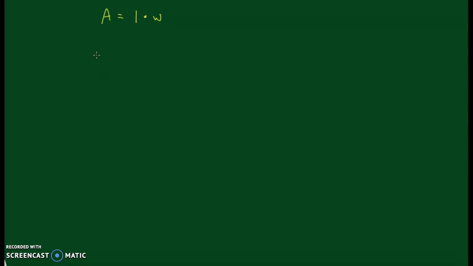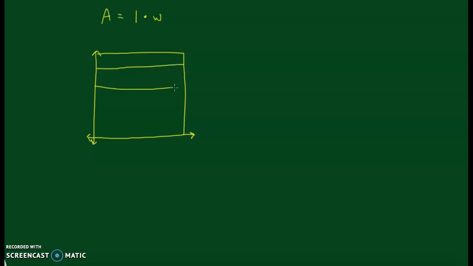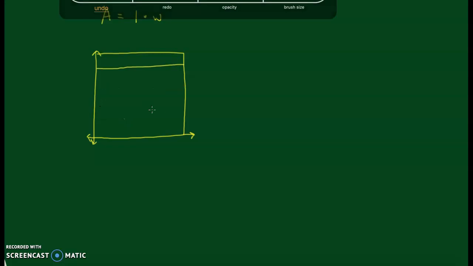I'm going to start by drawing a square here, but I'm going to use a number line as part of that. For this part, we're going to go 4 lines. Let's make it better.